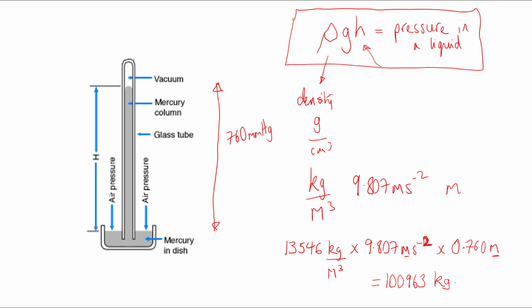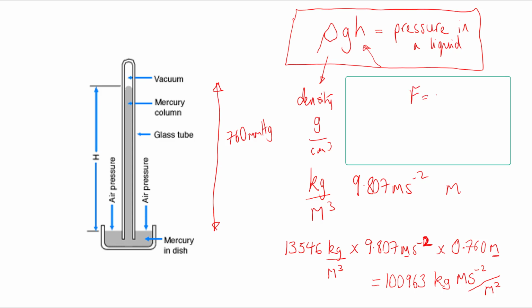But I'm going to write it actually as kilograms meters per second squared in the numerator per meter squared. Why am I doing that? Well, the other thing to think about here is that force, Newton's second law, is equal to force equals ma. So this is a mass, this is in kilograms, this is an acceleration, so this is meters per second squared.